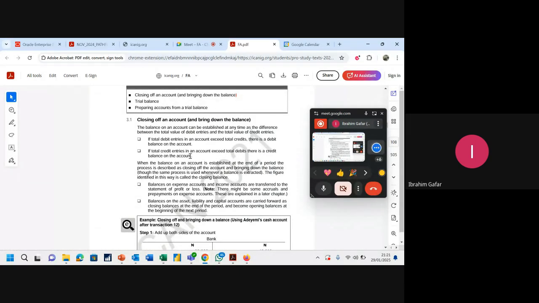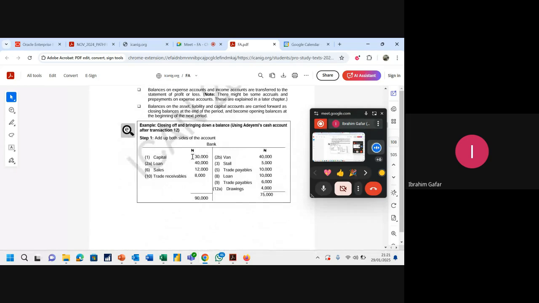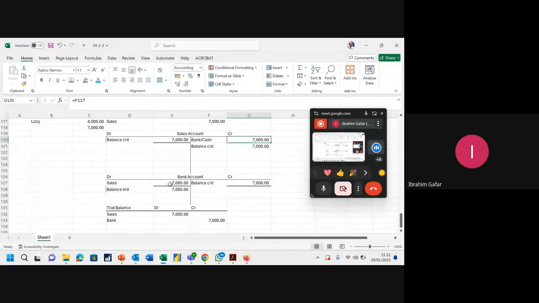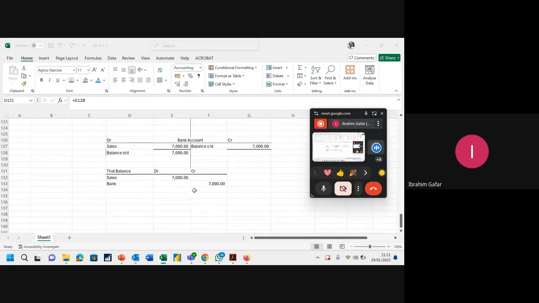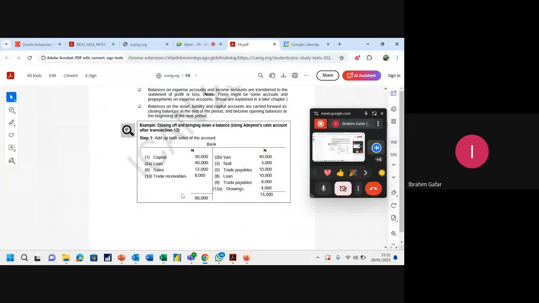And I'm trying to explain closing off an account by bringing this to this side, so that's a balance brought down. That's how to close off an account.